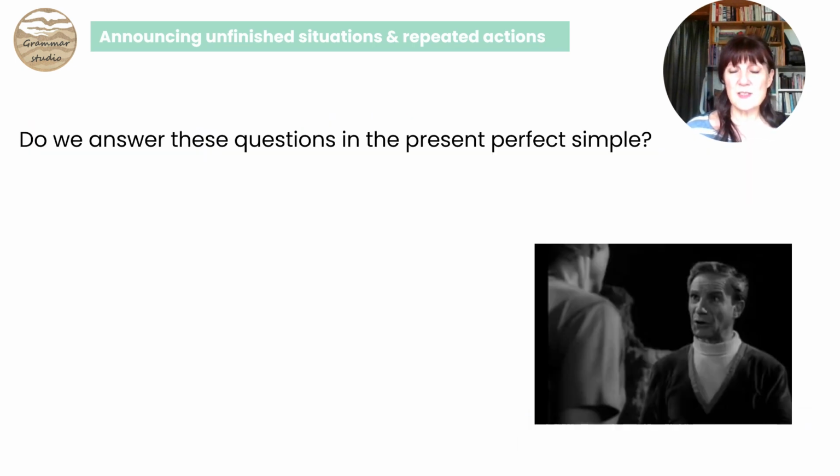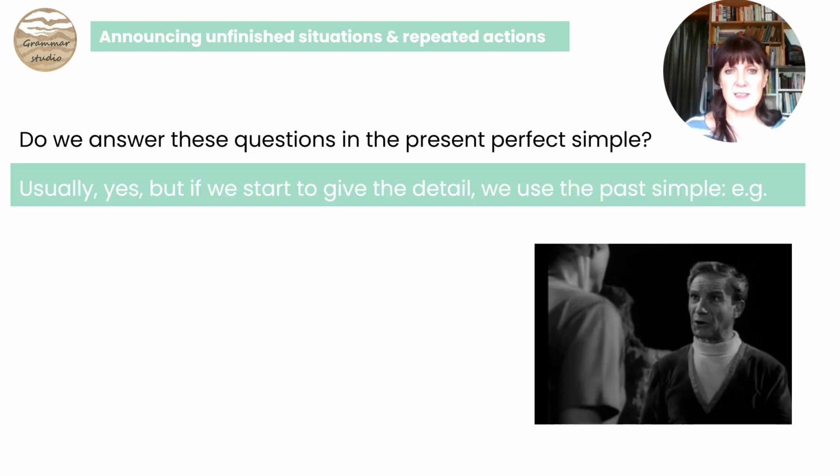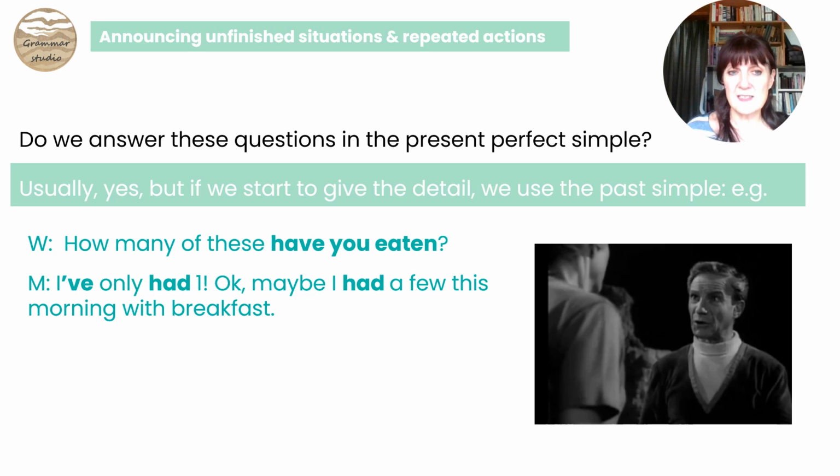Do we answer these questions in present perfect simple? Usually yes, but if we start to give the detail, then we use the past simple. For example, the woman says, "How many of these have you eaten?" And the man says, "I've only had one."